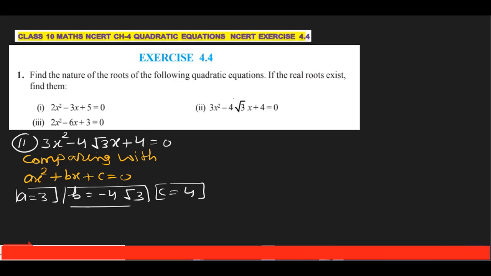Then we find out the discriminant, and discriminant is given by b square minus 4ac. That is minus 4 root 3 whole square minus 4 into 3 into 4.